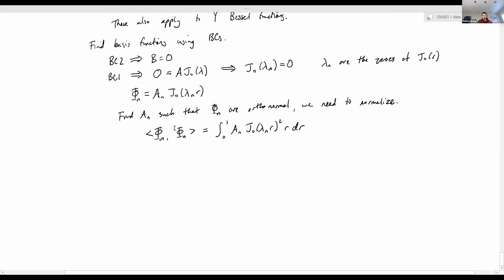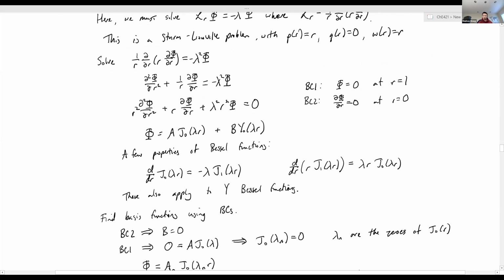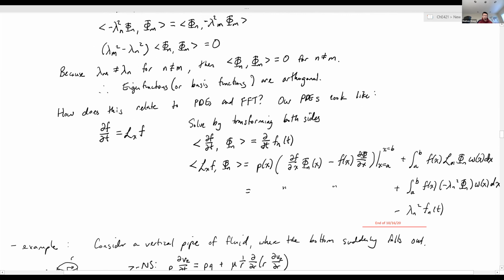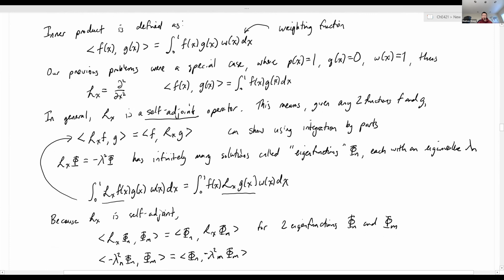So the inner product is basically you take these two things and multiply them together. But as we talked about in the Sturm-Liouville case, the inner product is defined as multiplying the two functions together, but now you also multiply by this w function. In our case, the w function is not just equal to 1 as before, but is actually equal to r. And so we have this additional r.